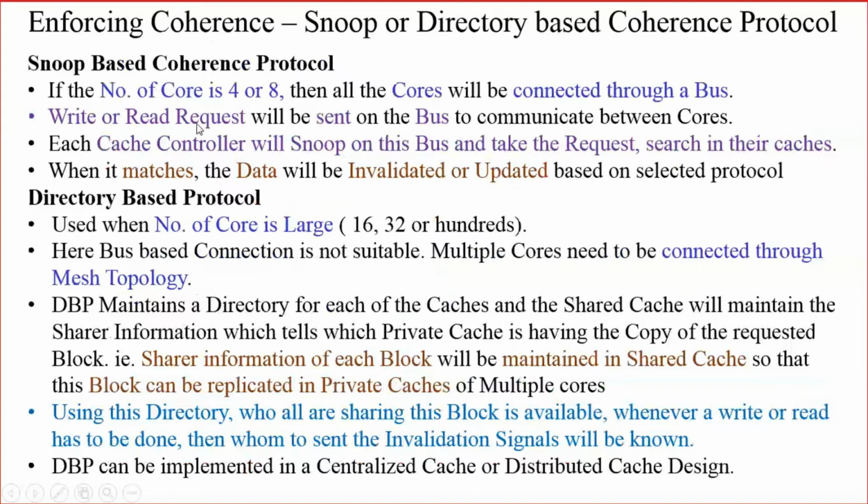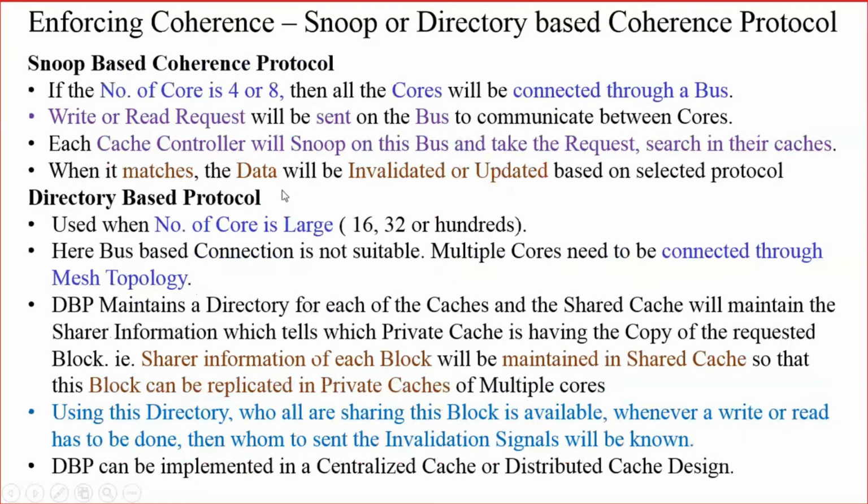All the write and read requests will be sent on the bus, and the cache controller present in each private cache will snoop on the bus. Snoop or sniff, it is almost similar. So it will be snooping on the bus and it will take the request, or it will take the address. Then, as you have seen in the previous case, it will be searching for the address in its cache.